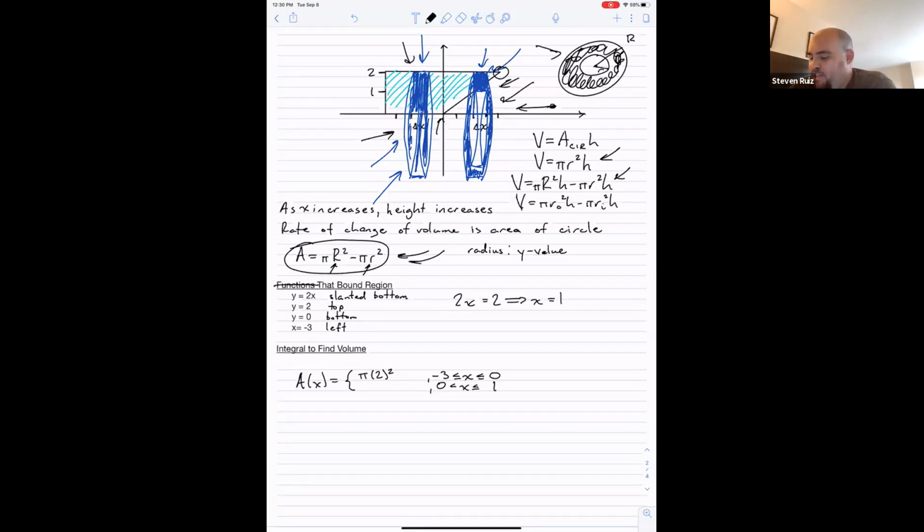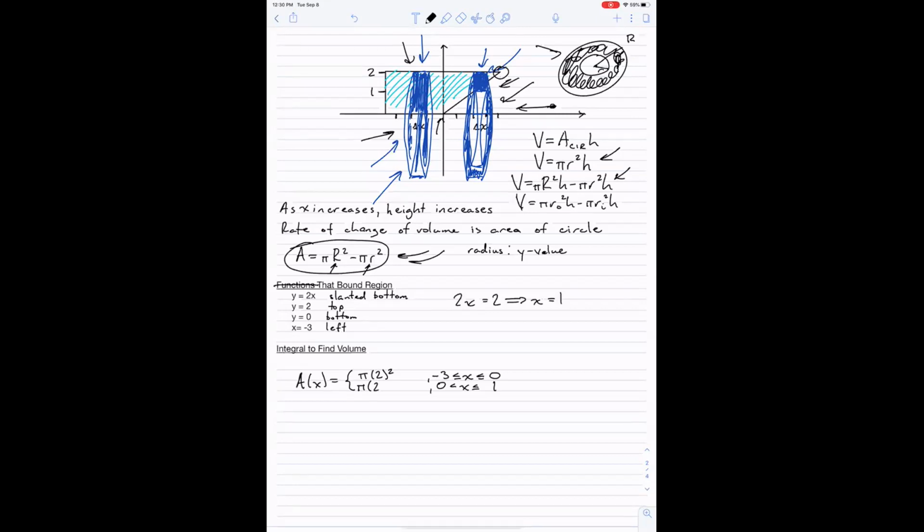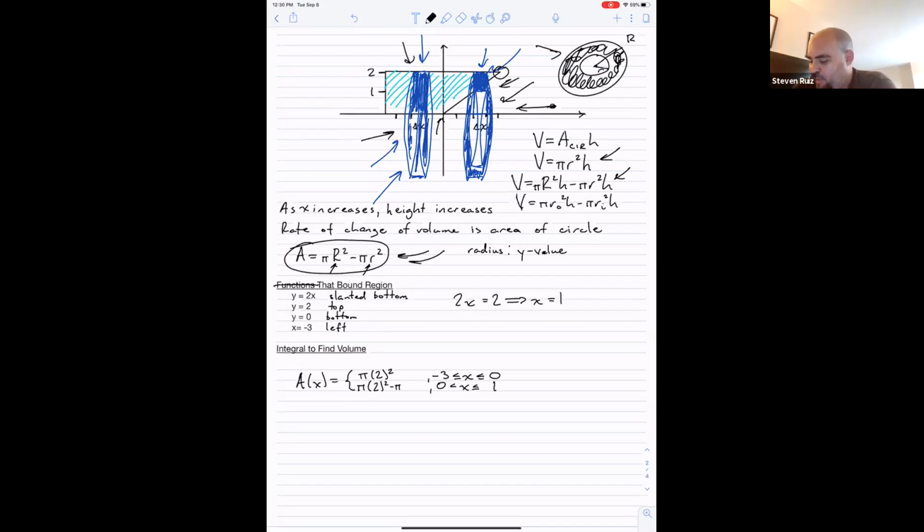So now in that region, I will have an outer radius and an inner radius. So I'm going to have to do both here. What's the outer radius on that right-hand side? Still 2. Except now, the only difference is that I have an inner radius.